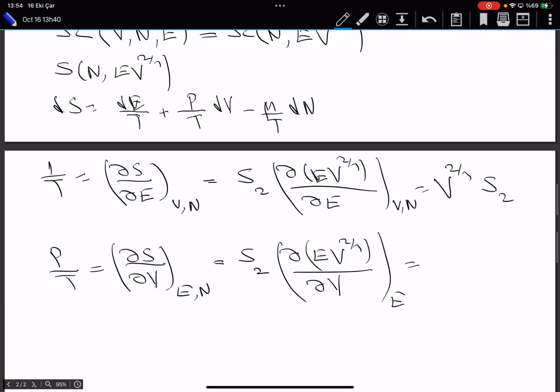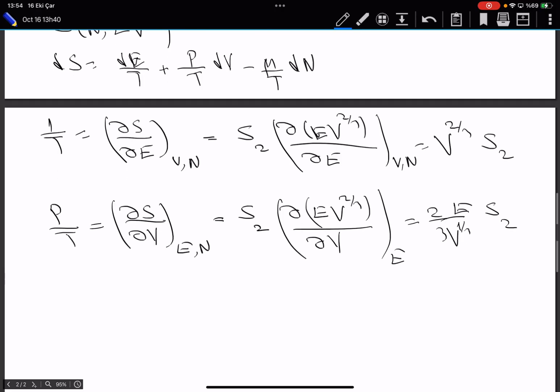This will be 2/3 V to the 1/3 times E times the derivative of the entropy with respect to its second argument. That is my second term. The first line already tells me that the derivative of the entropy with respect to its second argument is nothing but 1 over T times V to the power 2/3.